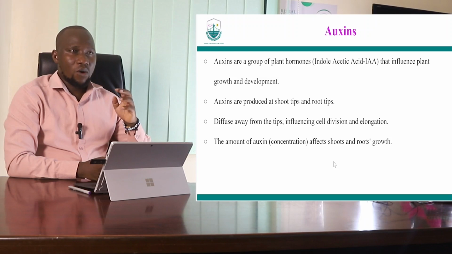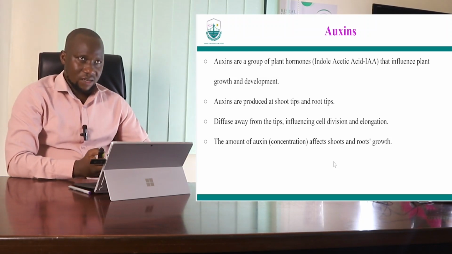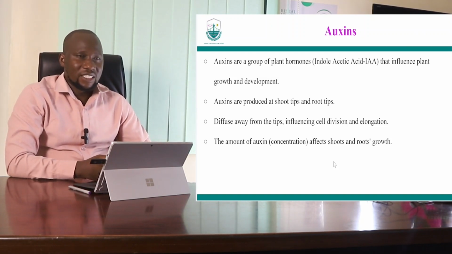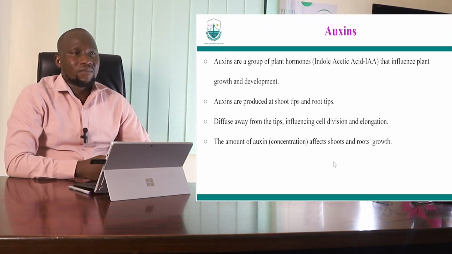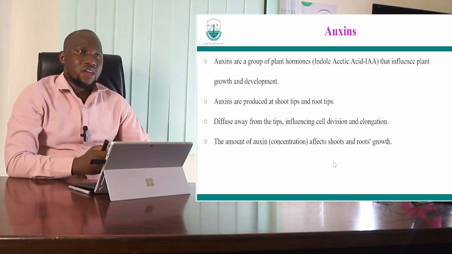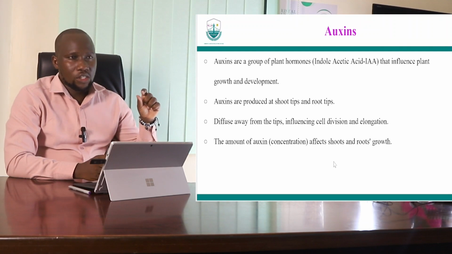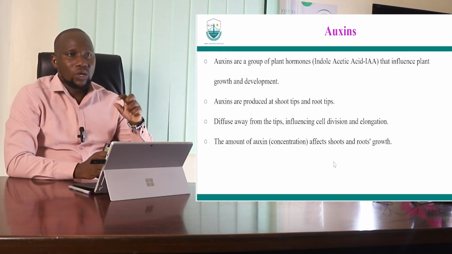So auxins are a group of plant hormones, basically known as indole acetic acid, that is IAA. They influence plant growth and development. They are produced at the tips of the shoot and the root tips. That's where they are produced.